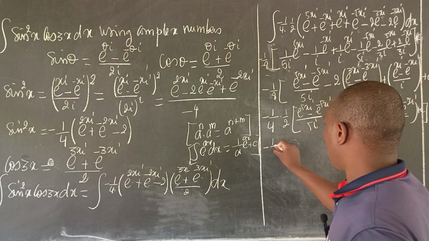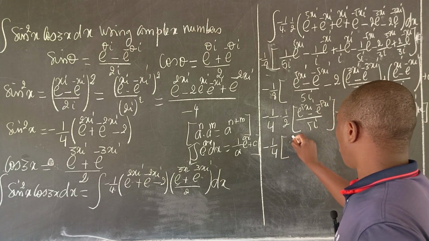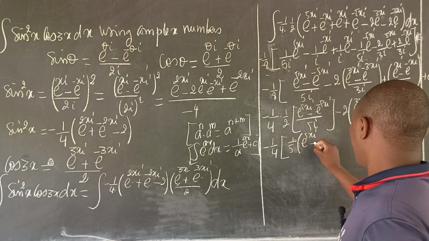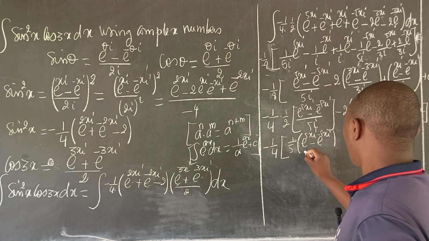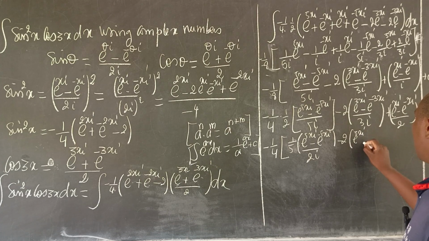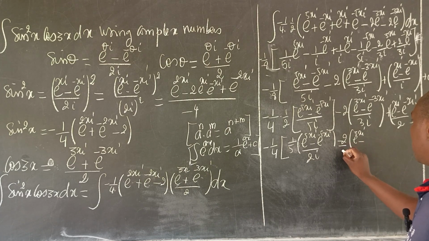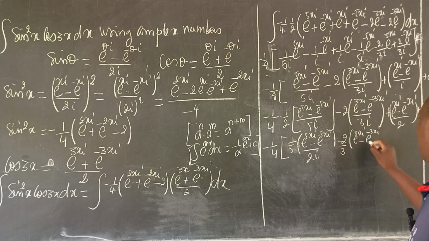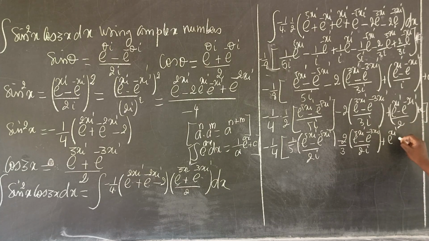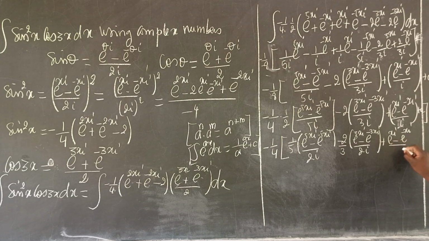I'll be having minus 1 over 4 into 1 over 5 times exponential of 5xi minus exponential minus 5xi over 2i, minus 2 over 3 times exponential of 3xi minus exponential negative 3xi over 2i, plus exponential of xi minus exponential of minus xi over 2i, plus a constant of integration.